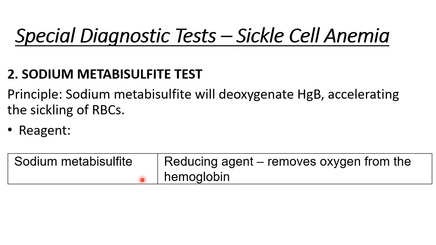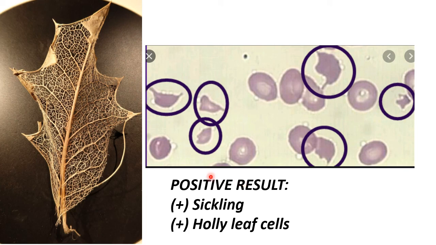Normally, hindi magsisickling ang RBC in a normal patient. If ang RBC mo contains HbS, mas madali ang sickling, it will remove all oxygen from the hemoglobin, shrinking the RBC membrane. So, under microscope, i-observe mo yung iyong results. Meron tayong positive sickling dito. Ibig sabihin, possible na merong hemoglobin S content itong mga RBC na to.